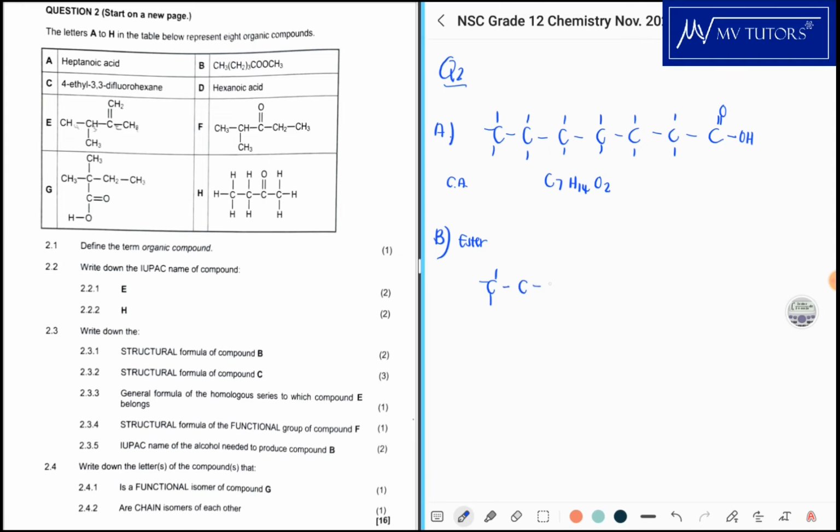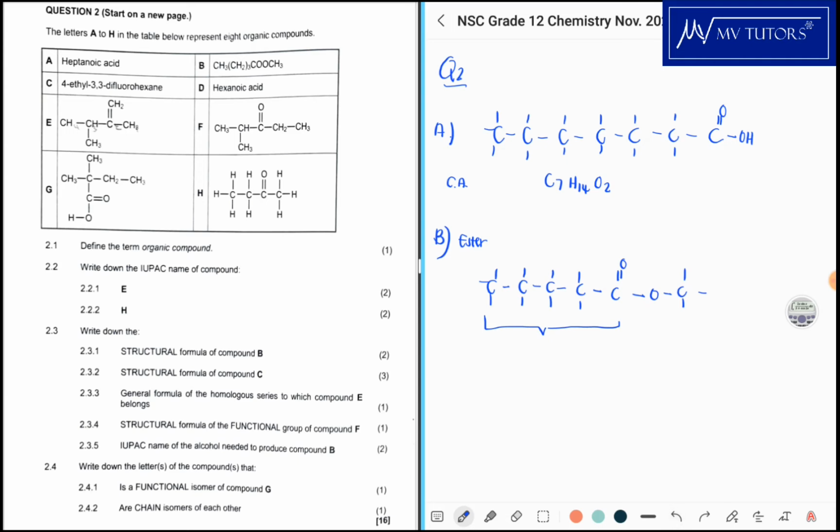No, 3. 1, 2, 3, 4, 5, 6. Alright, then I have another C, double bond to O. So this point here, that would be our carboxylic portion of the ester. And this portion over here, that would be the alcohol.